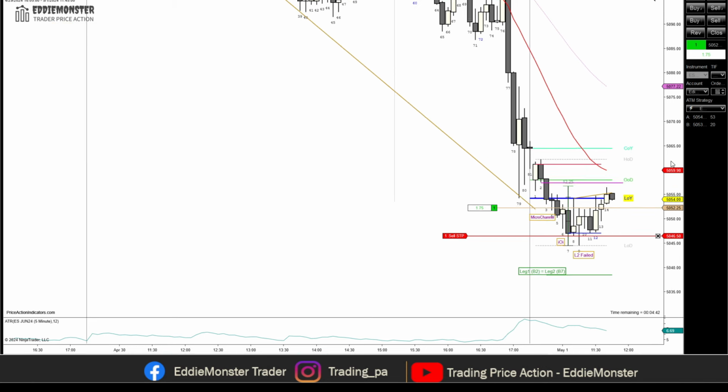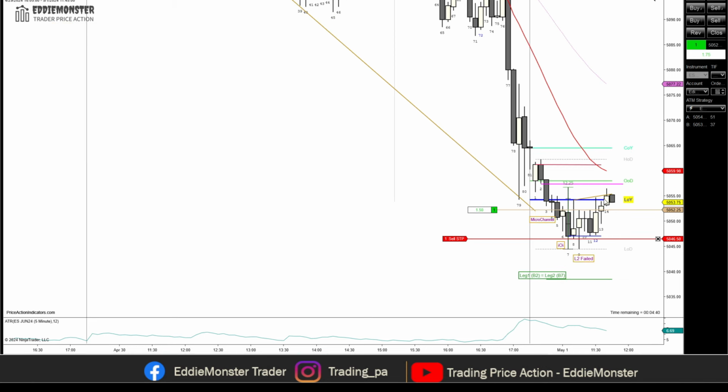This 14 closed above the low of yesterday, and closes above 13. So it's a breakout, the 14 of 13, but it's not enough to break out this channel line. It's a micro channel too.